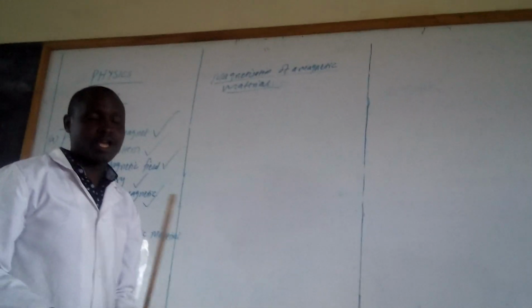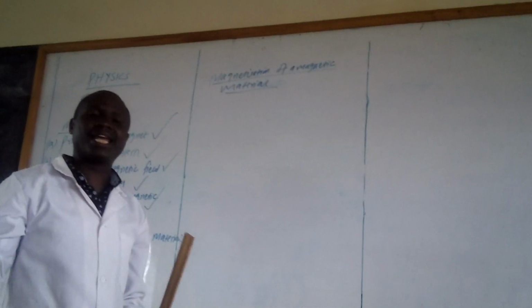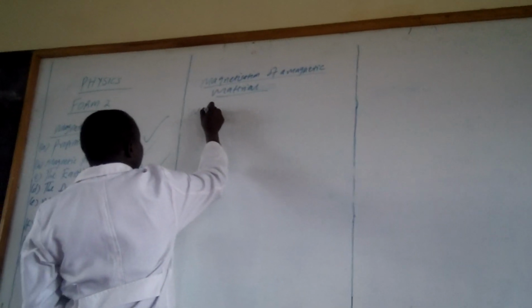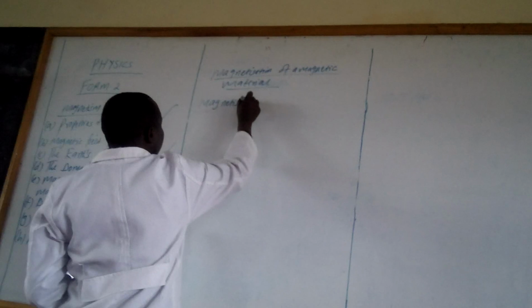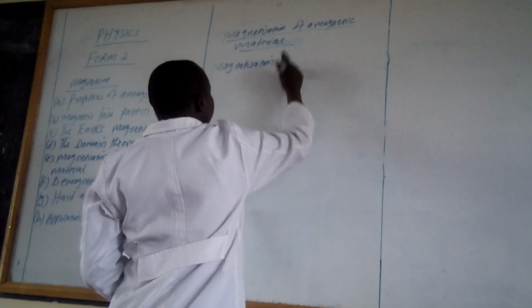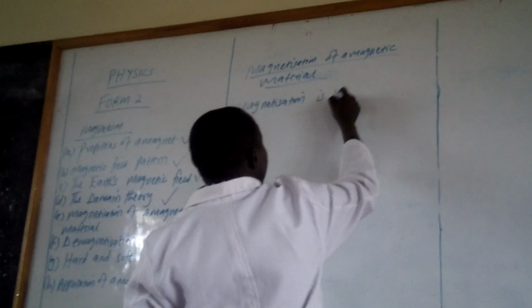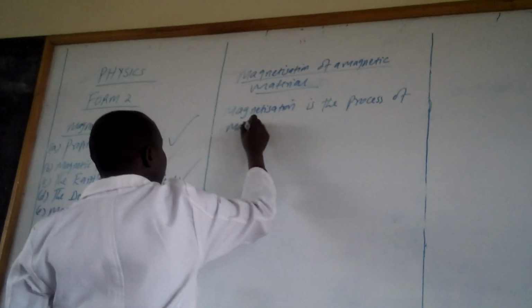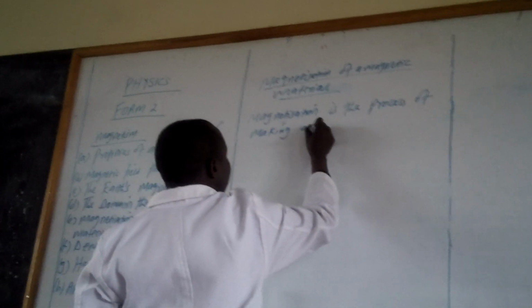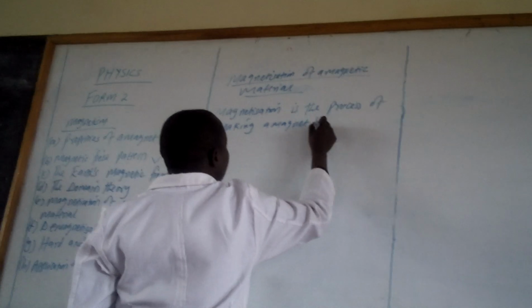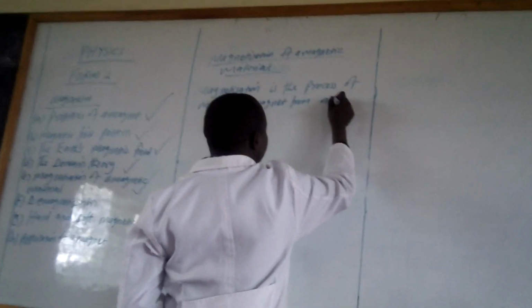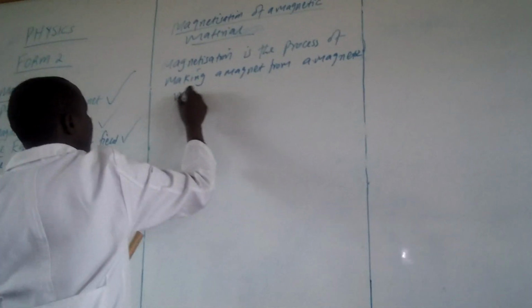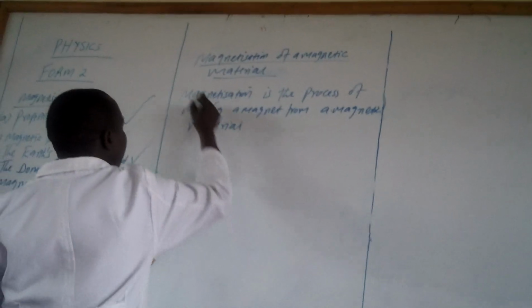What is magnetization? Magnetization is the process of making a magnet from a magnetic material.